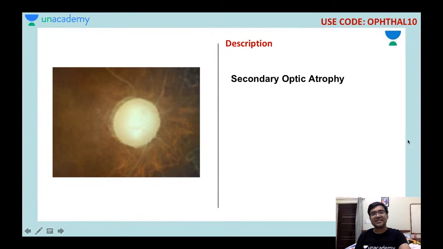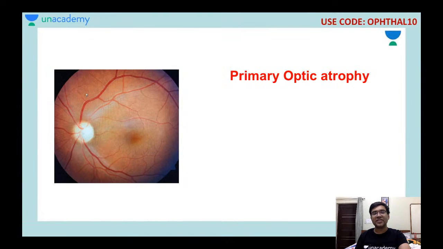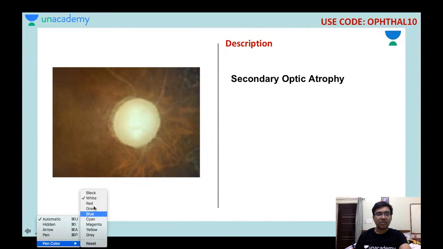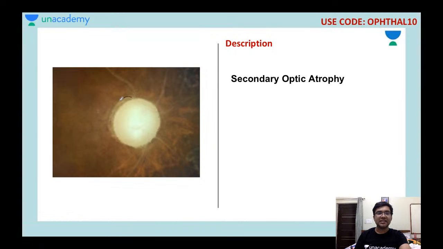Okay, then this is a secondary optic atrophy. Now what is the difference between the primary and the secondary optic atrophy? Here you can see a chalky white disc, and around the disc you can see some atrophy, plus also see the vessels here. So vessels are attenuated and having sheathing as well. So the conditions like vasculitis, retinitis pigmentosa, in these cases you can have a secondary optic atrophy.